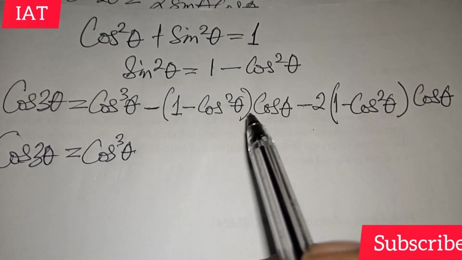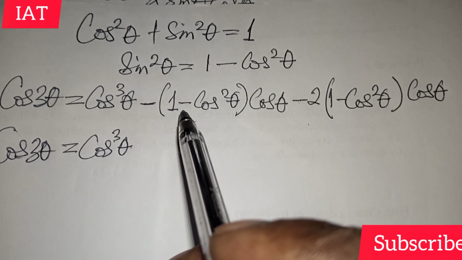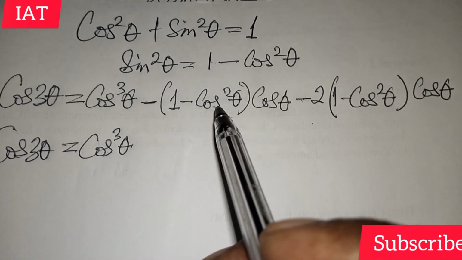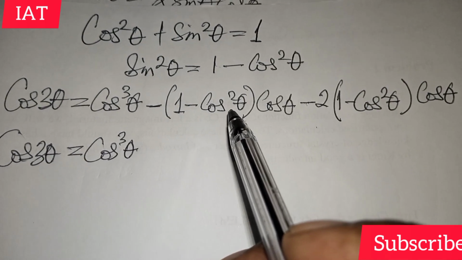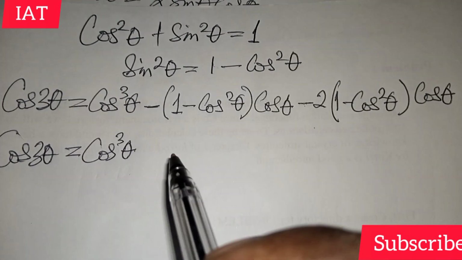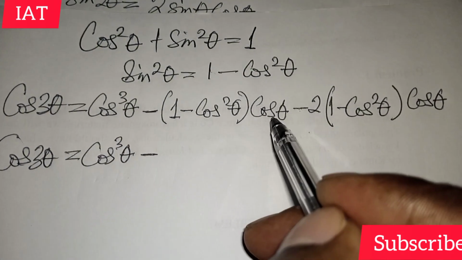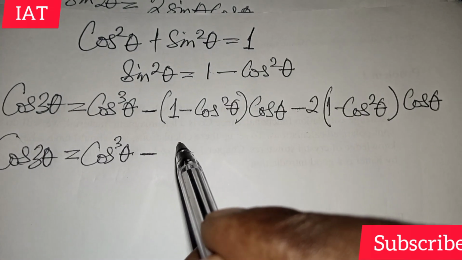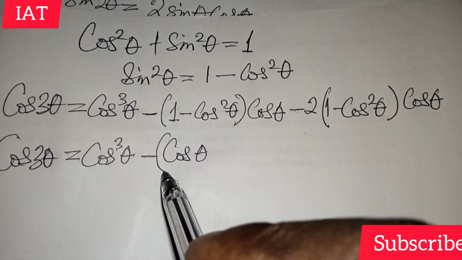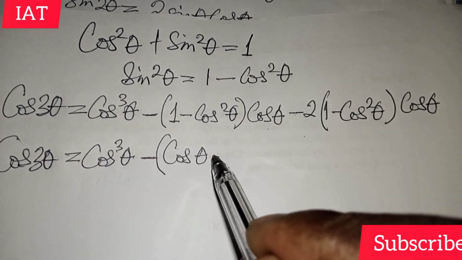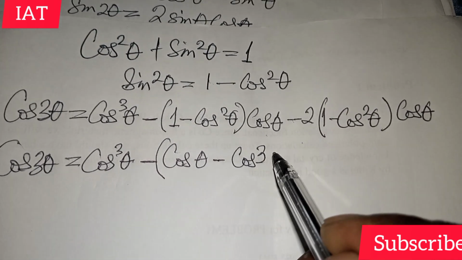That means cos theta multiplies by 1 to give cos theta, and then cos theta multiplies by cos square theta to give cos cube theta. But then we need to be careful because of this negative sign. To make it easier, I want to still leave the negative sign and use it to multiply, so that I will have cos theta in bracket also, and then minus cos cube theta, right?